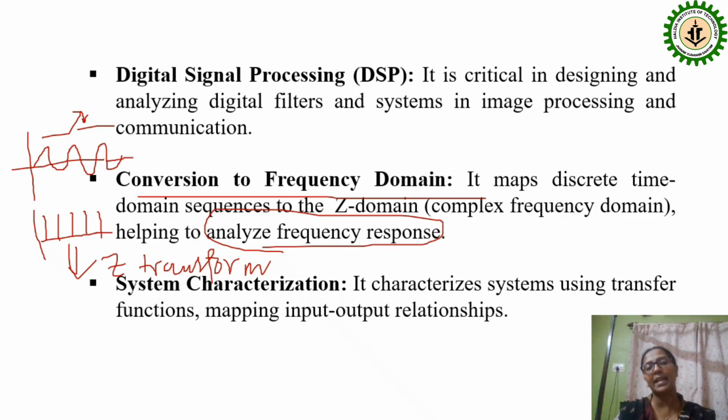If you are using a signal in the time domain, then at time t equals 0 you take one point, at t equals 1 you take another point, and at t equals 3 you get some point here.